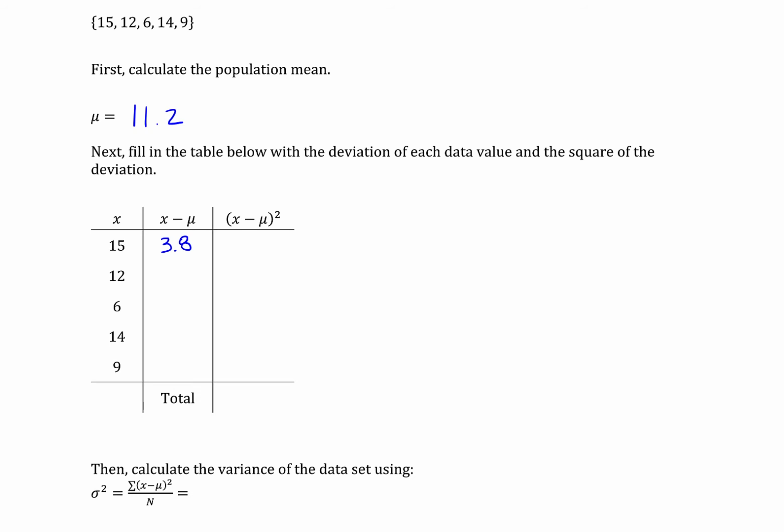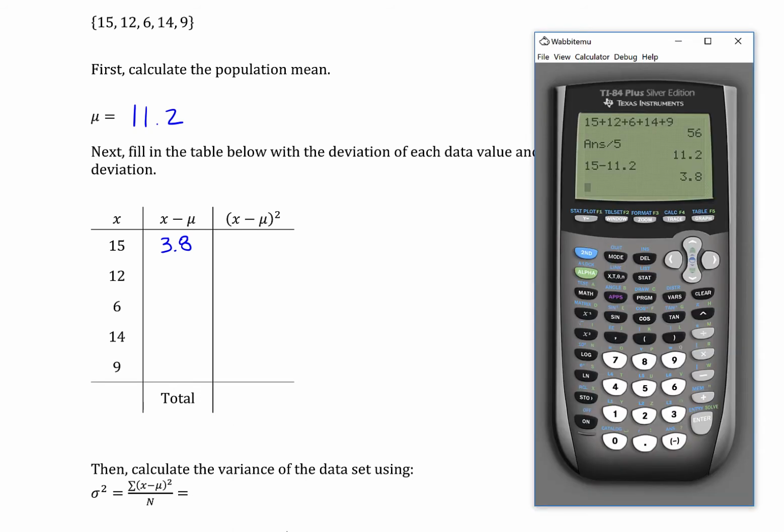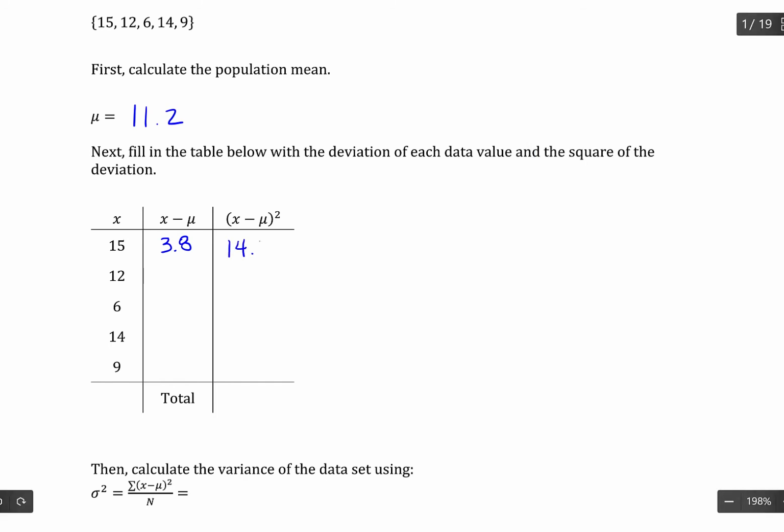Now, if I square that value, so x minus mu squared, that's what's asked next, that would be 14.44. So we'll go ahead and put that in. I'll explain why we square in just a bit.